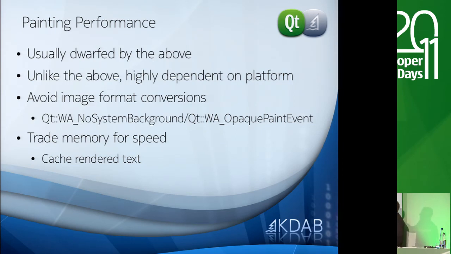So look at the no system background and opaque paint event attributes. If you set them in the wrong combination for your specific system, that might force an extra image conversion internally while rendering, which usually gives you a factor of 2. So that's something to look at, especially for QWS.